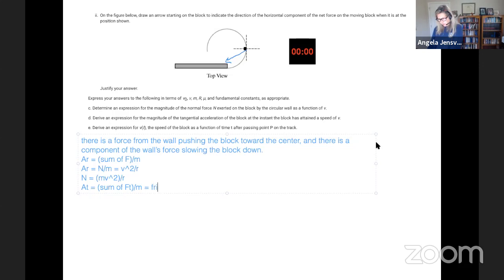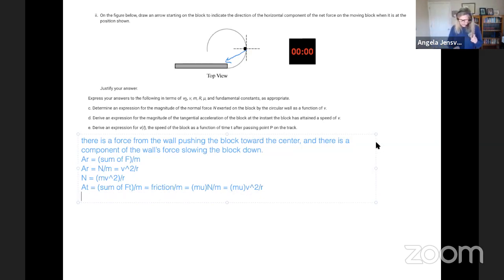So friction over m, which is mu normal over m, and we just solved for normal. So if you plug that in, it would be mu times v squared over r. Okay, we just did tangential acceleration by typing.